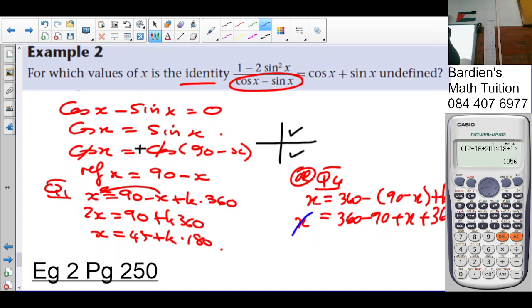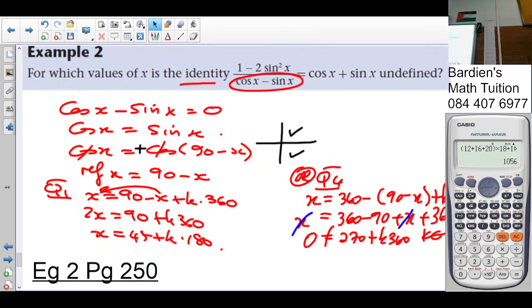So the x is cancelled, not so? So 0 is equal to 270 plus k times 360. What did we say, k is an element of the integers? What did we say here? If a number is equal to a number, no solution. So that is no solution. But there's an easier way I could have done it.